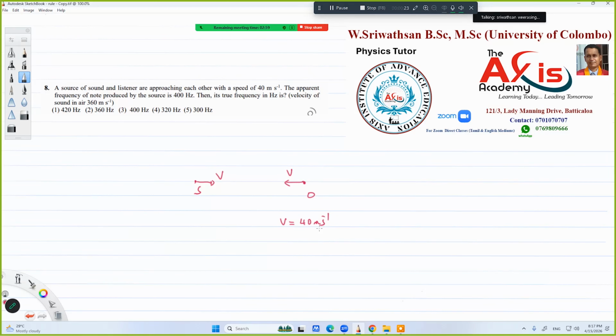The apparent frequency of the note produced by the source is 400.